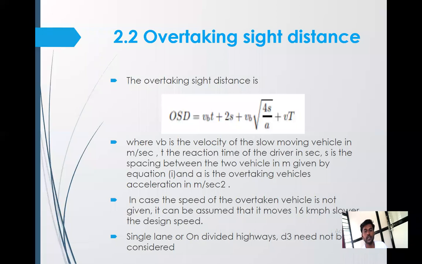A is the acceleration of the overtaking vehicle. Overtaking means which vehicle? Vehicle A. In meter per second square.